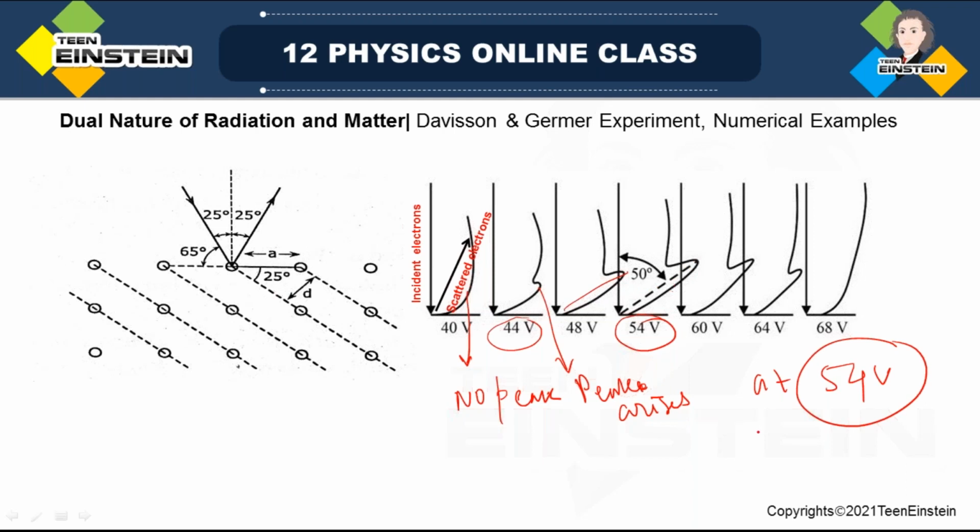And what was the angle of this peak? This angle of peak was this one. This is the scattering angle, phi.